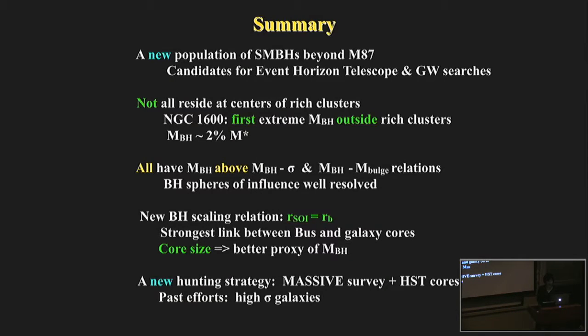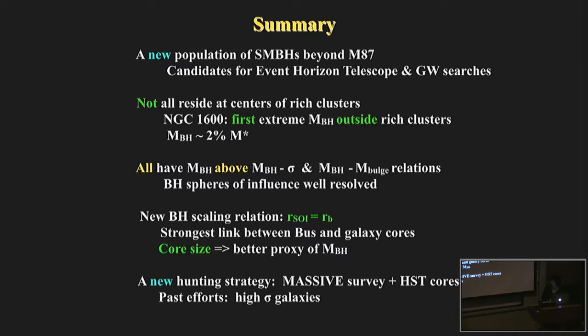So in summary, there is a new population of supermassive black holes beyond M87, which is at 6 billion solar masses, and these are all beyond the Virgo cluster at 16.7 megaparsecs. You need to go beyond that to find big galaxies and big black holes, and this will provide candidates for the Event Horizon Telescope and for gravitational wave searches in the nanohertz regime targeted by the pulsar timing arrays.